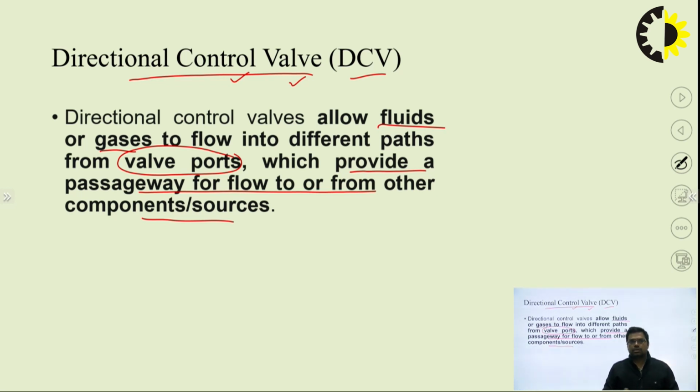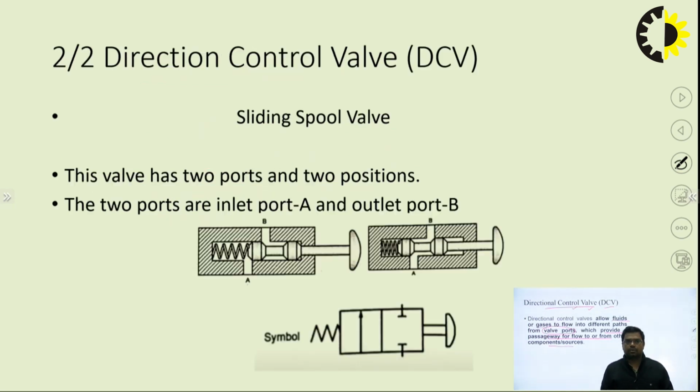So it is used for the flow of gases, air or fluid in different valves for different actuation work, and they can be controlled and provide the directions, and that's why they are known as directional control valves. So different directional control valves are available.